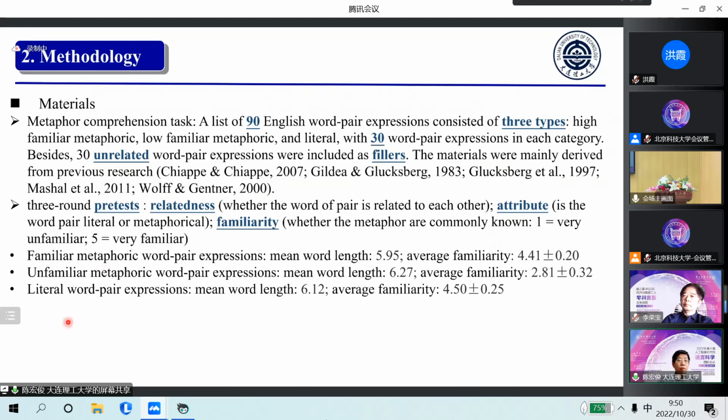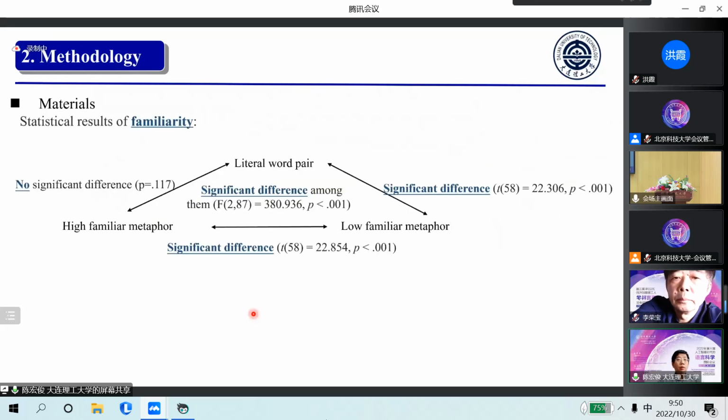We divide them into three types of word pairs: familiar, unfamiliar, and literal. By statistical analysis we see there are significant differences between them, but between high and literal, there's no significant difference.